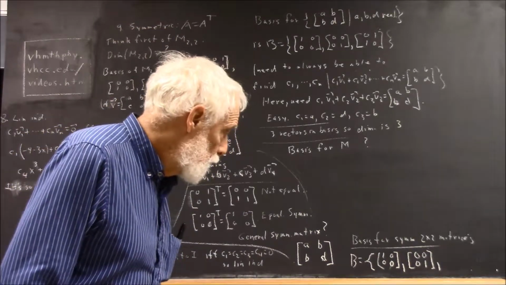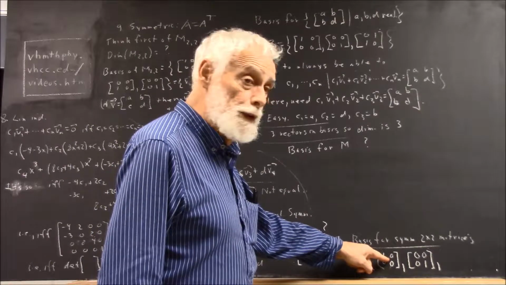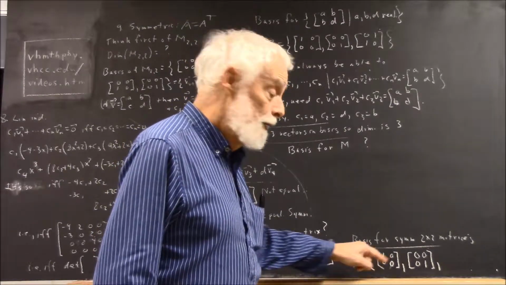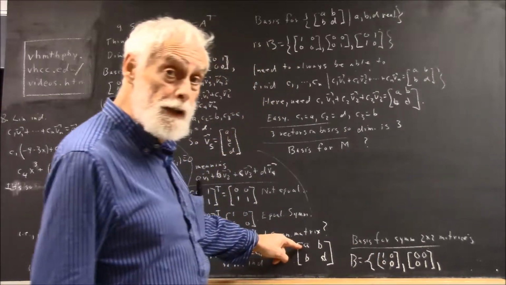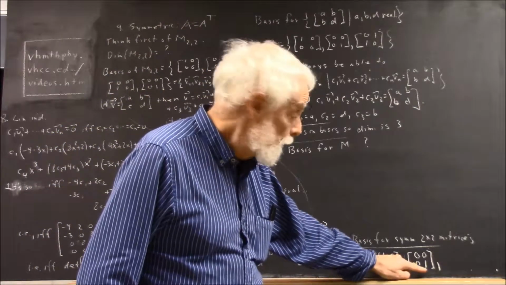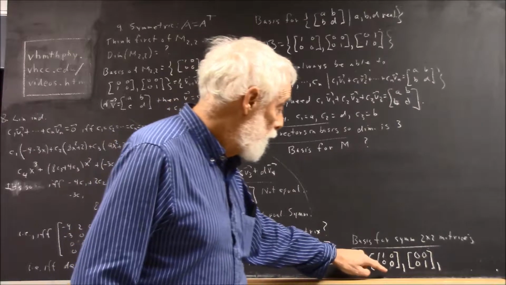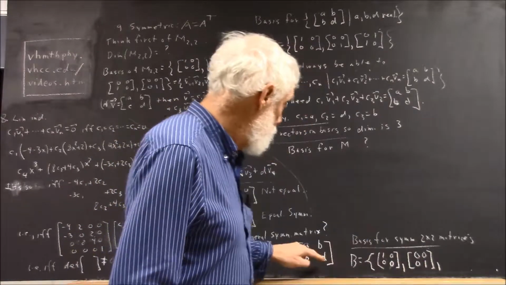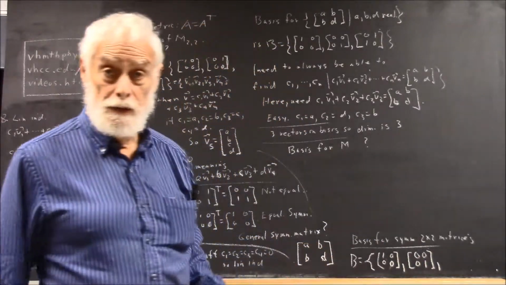So, using this matrix, if I multiply it by A, I'm going to get an A here. If I then multiply this matrix by D, I'm going to have a D here, and so if I add A times this plus D times this, I'll have my A and my D.